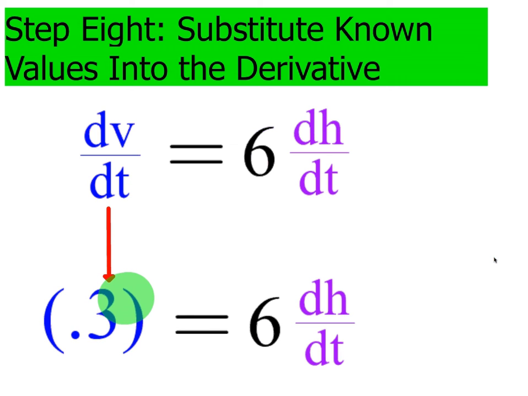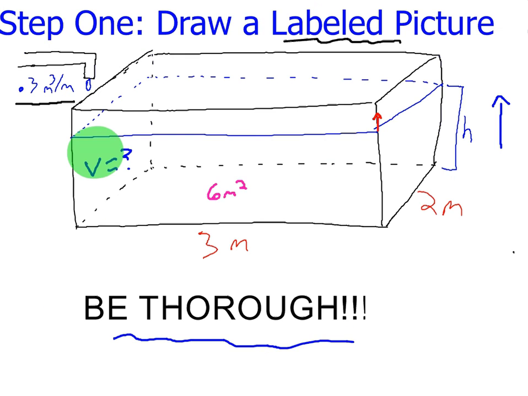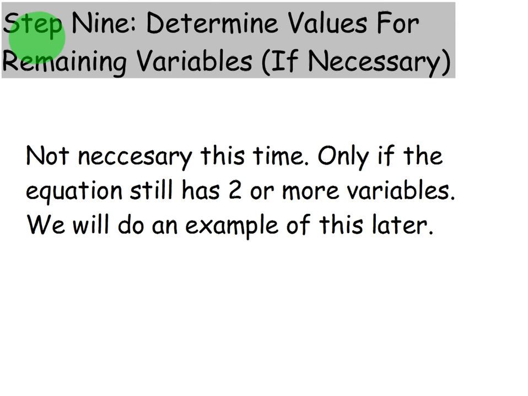So now that we've done step 8, for example 1 at least, we're almost there for solving dH/dt. However, we do want to look at step 9 because sometimes you plug everything in and you've still got more than one variable left, in other words, a variable other than what you're trying to solve for. Remember, in this case, we're solving for dH/dt, which is how fast the water level is rising in this rectangular prism of a tank.